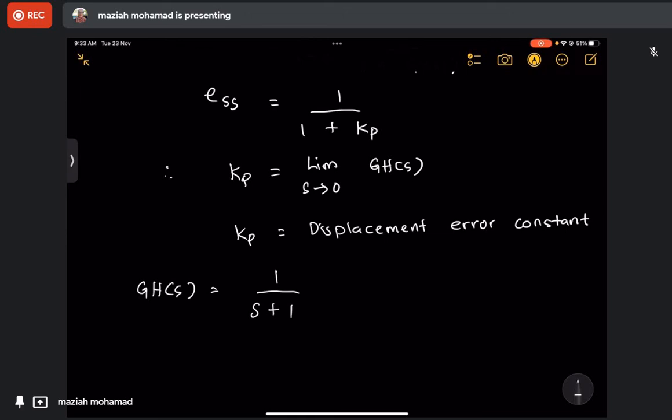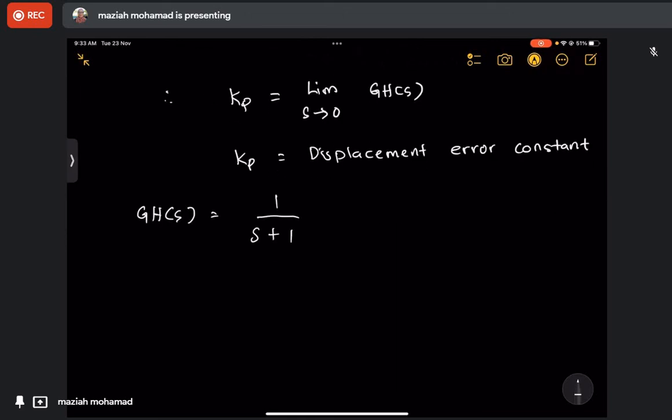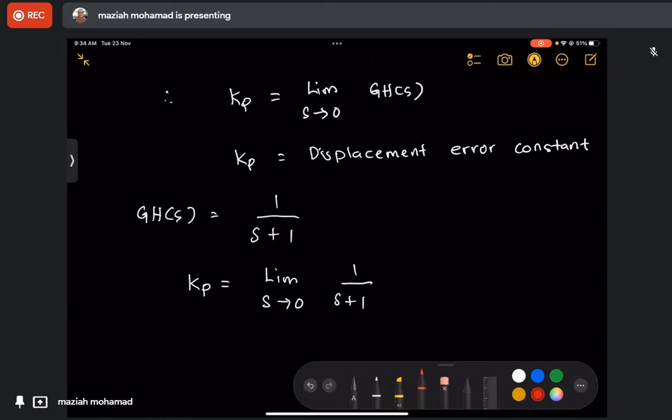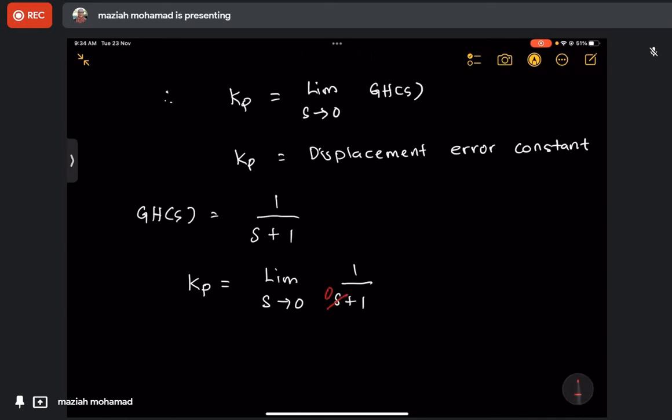Therefore we can determine Kp. Kp will be equal to limit S goes to 0 of 1 over S plus 1. Applying limit S goes to 0 means we consider the value of S to be 0, so any S in the open loop transfer function becomes 0.